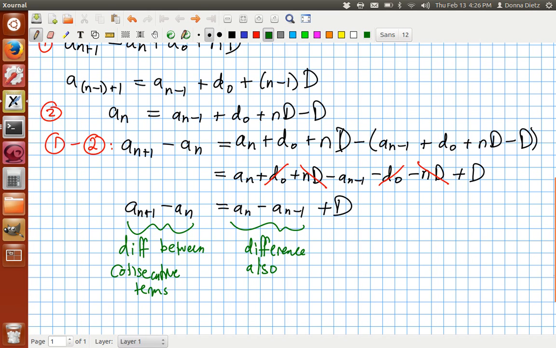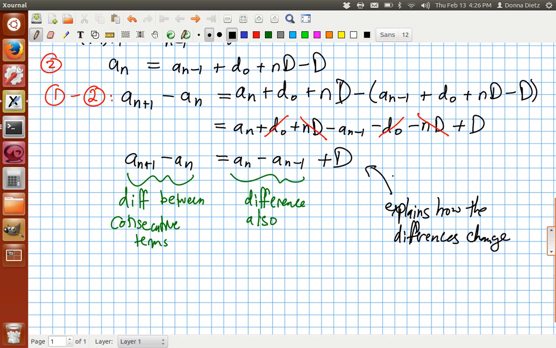So this is telling you how the differences change. So this equation explains how the differences change, and this one here, notice this is recursive.